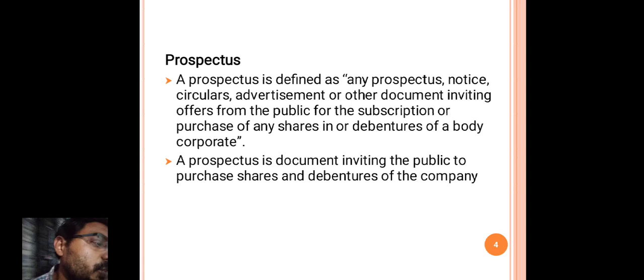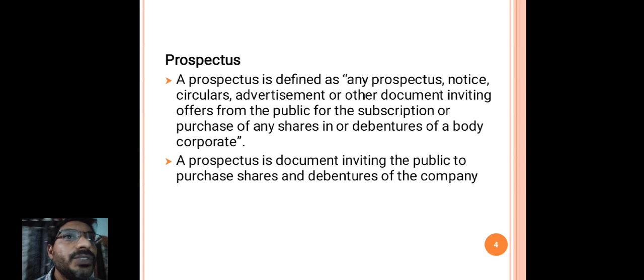While issuing a prospectus, there are many details in the prospectus that are placed before the general public, the common public, to invest the amount in the form of shares or debentures.